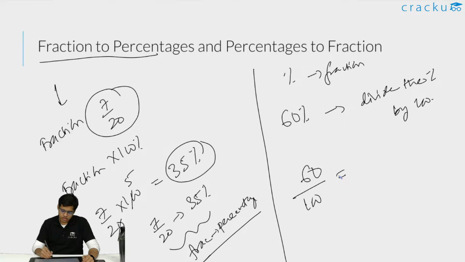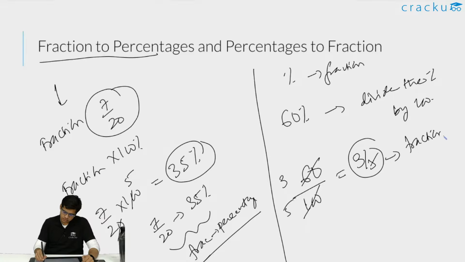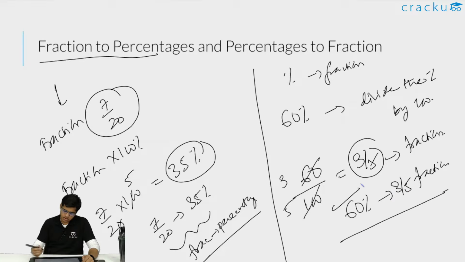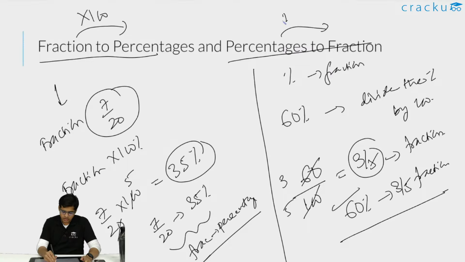So 60 upon 100, if we cancel by 20, it will be 3 and 5. So 3/5 will be the fraction. So 60% means 3/5 fraction, right? So this is the idea about fraction to percentages and percentages to fraction. Fraction to percentages multiply by 100, percentages to fraction divide by 100. Excellent.